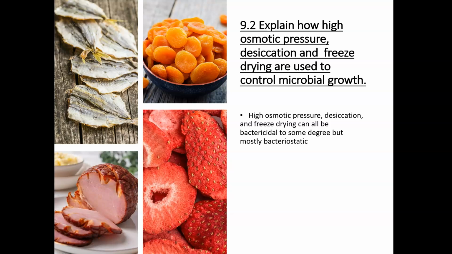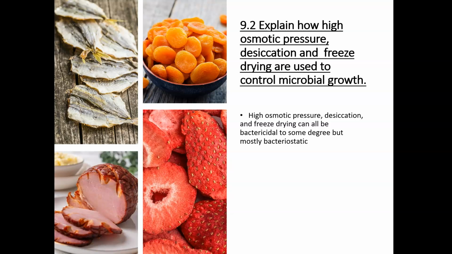So the reason why we've made things like dried fish and dried fruit and hams and bacons and things like that is they've all been developed as ways to preserve food. They allow the food to last longer because you discourage the growth of microorganisms. So high osmotic pressure, desiccation, and freeze drying can all be bactericidal to some degree, but they're mostly bacteriostatic.